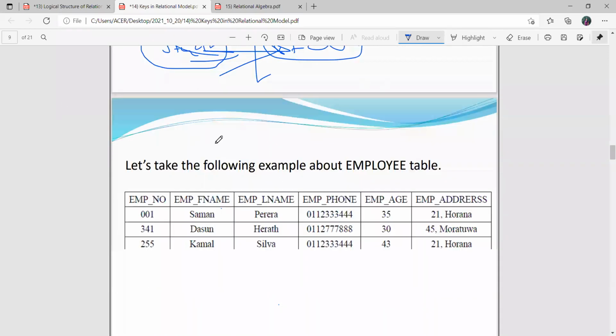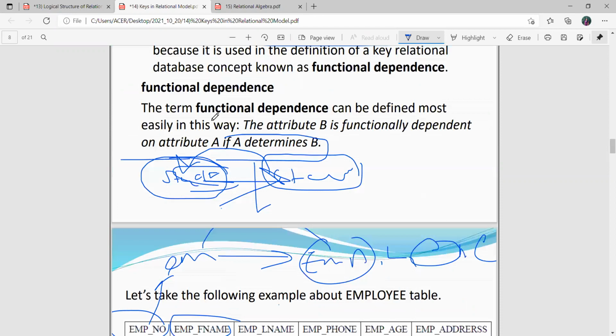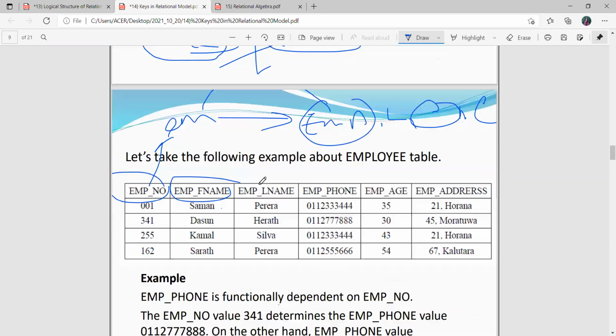According to this example, the primary key is employee number. Employee number determines employee first name, last name, employee phone number and employee age. So the employee name is functionally dependent on the employee number.